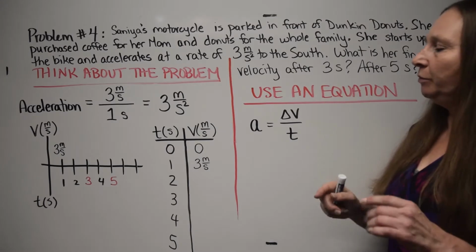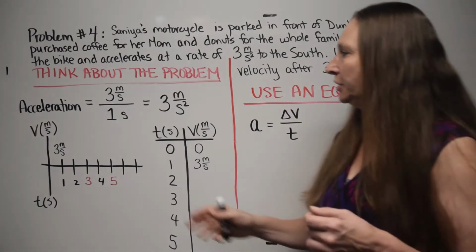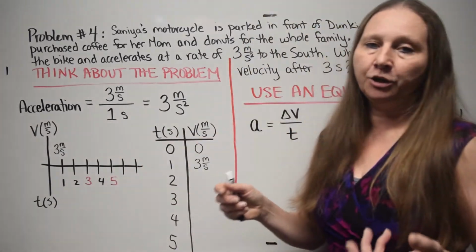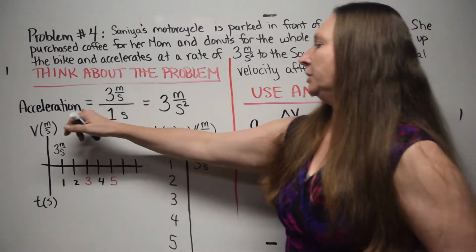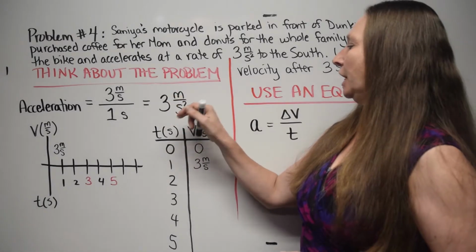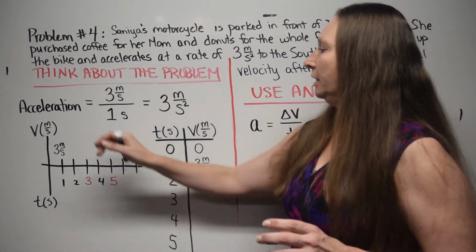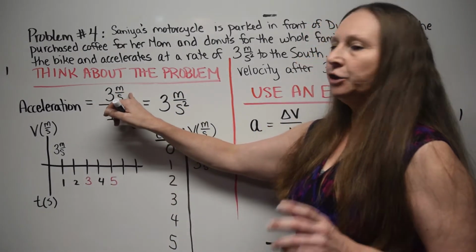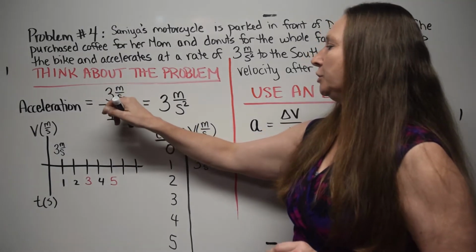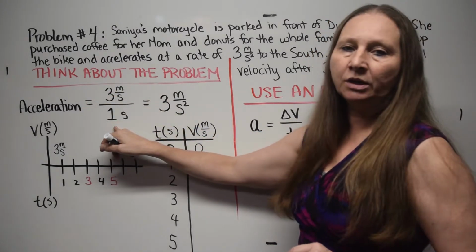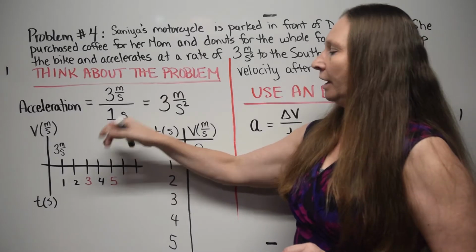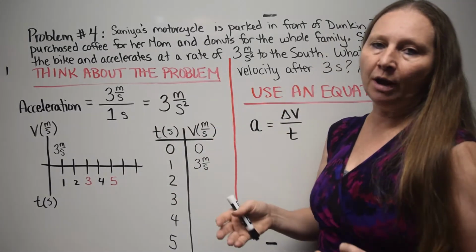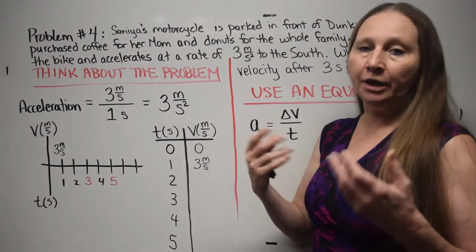Now, the first thing we want to do to think about this problem is think about what does acceleration mean? Well, an acceleration of 3 meters per second squared means that the velocity is changing 3 meters per second each 1 second. All right, so in this case, because she's starting from rest, her velocity is increasing.